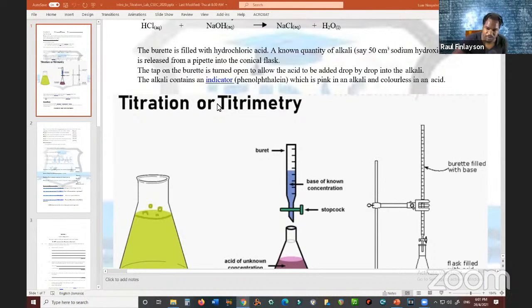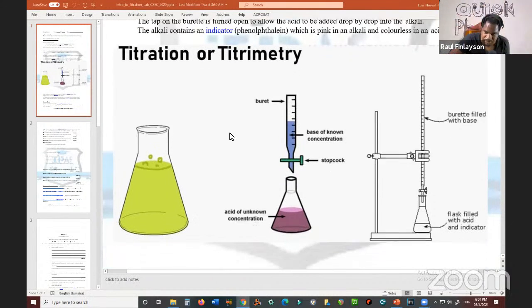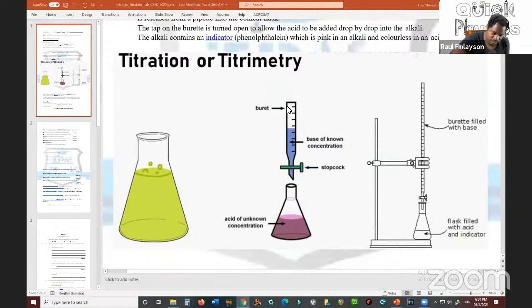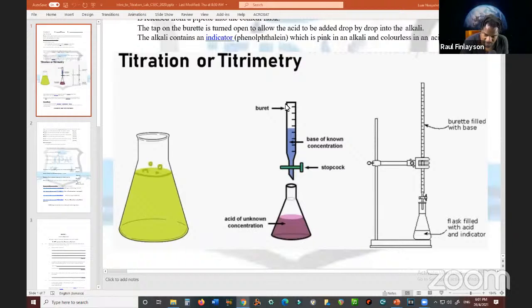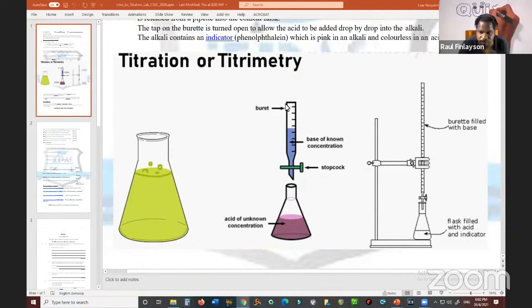All right. So the purpose of the titration here is that because you want to know everything about one liquid so that you can use that to find out something about the other liquid, it's important to measure the volume of that liquid. In addition to that, you would need to know the concentration of the liquid.